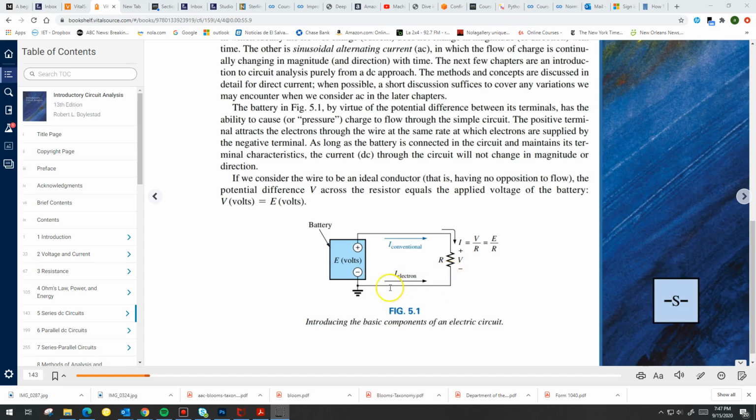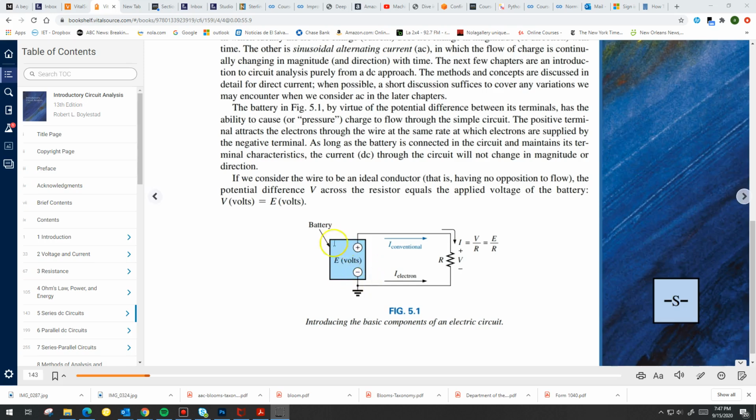The other lead of the resistor goes back to the ground. So what we have here is a complete circuit, a complete path. We cannot have current flowing in a circuit unless we have a complete path like you see here. A full path must exist for that current to flow.